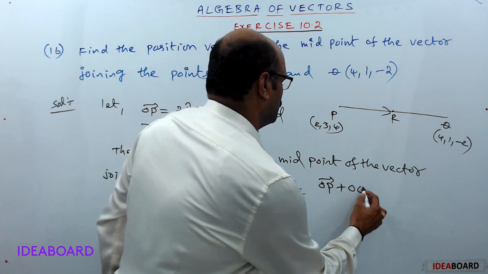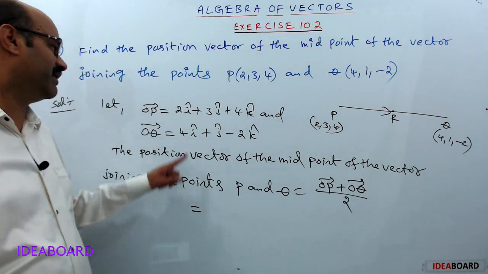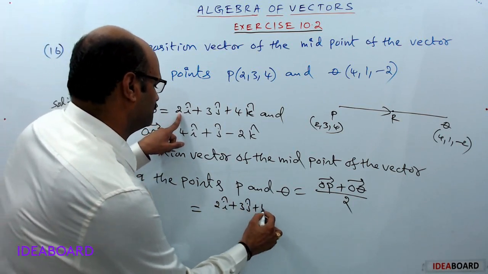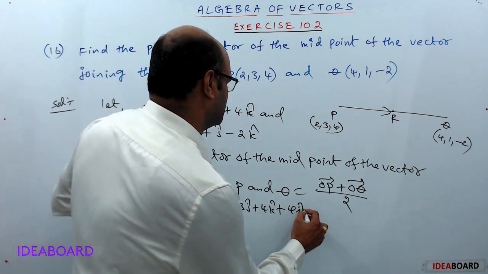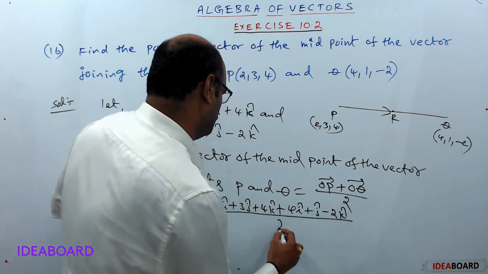So (OP vector plus OQ vector) upon 2 equals, here OP vector equals 2i cap plus 3j cap plus 4k cap, plus OQ vector equals 4i cap plus j cap minus 2k cap, upon 2.